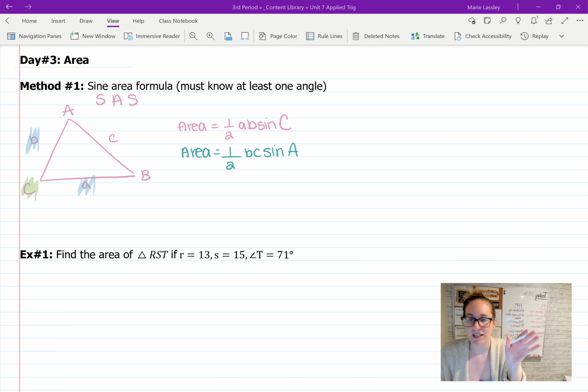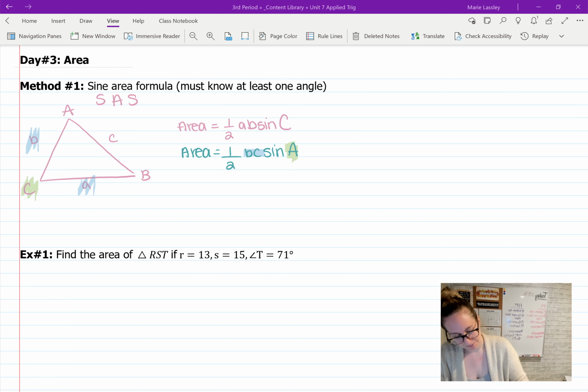That's the setup for this formula. The main thing is that whatever angle you have, you're using the other two sides. That's basically the whole idea here. So like I said, if you don't have this information, you're going to have to find it, either using your law of sines or law of cosines.